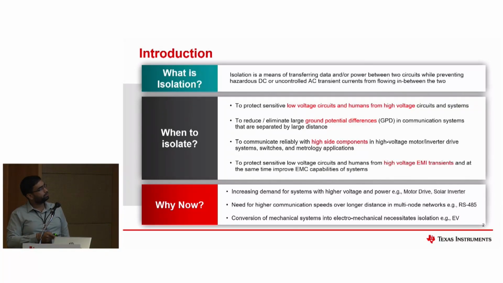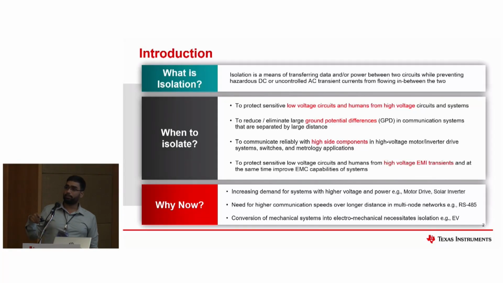And why this is now of utmost importance is because we are seeing a move towards solar inverter technology and motor drives for supporting higher and higher factory automation. Then there is high-speed communication over long distances.